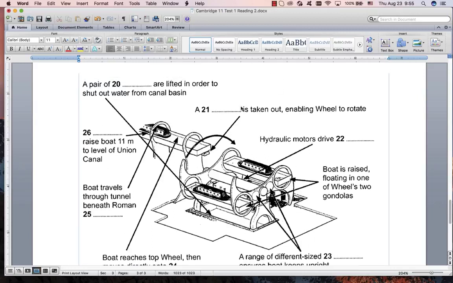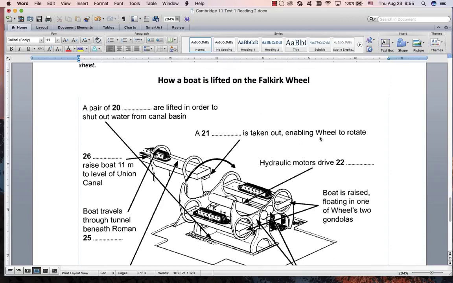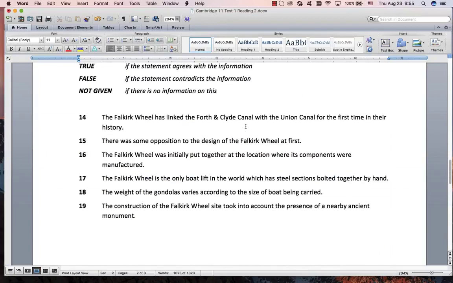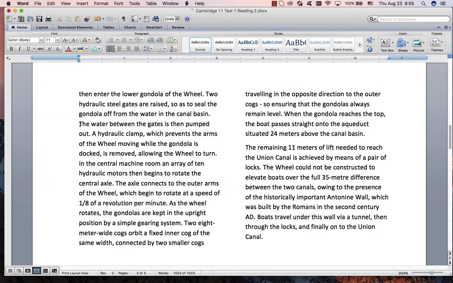Right, something is taken out, enabling the wheel to rotate. What can we tell? What do we know about this word? It's a noun, and it's single countable, because we have a over there. Enabling the wheel, so we're looking for taken out, enable, wheel, rotate, something like that. And we're here.